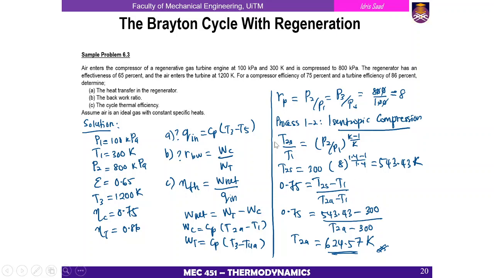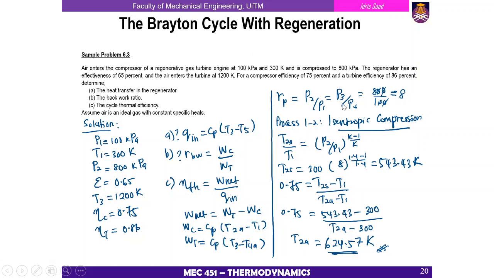For pressure 1 and pressure 2, the relationship is by using the pressure ratio. From this figure, pressure 1 and pressure 2 have been given, so the pressure ratio is 8, given directly in the question.